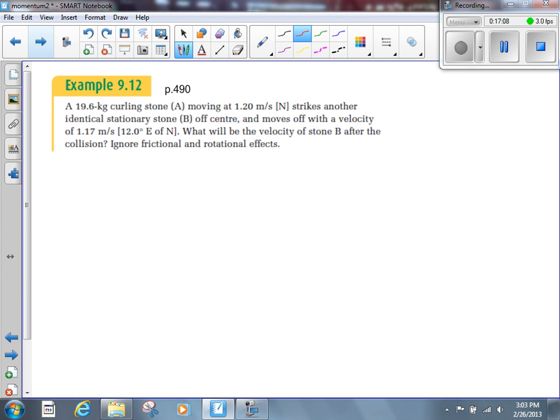Anybody curl here? Is anybody a curler? I've curled a couple of times. Yeah, they're 20 kilograms, almost 50 pounds. They're very, very heavy. And curling is very difficult. It looks so easy, but it's so hard. I've done it 2 or 3 times, and I'm terrible at it. You know what the hardest thing about it actually is? Sweeping.